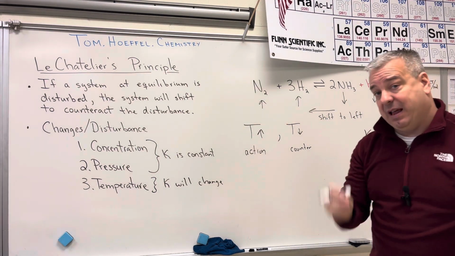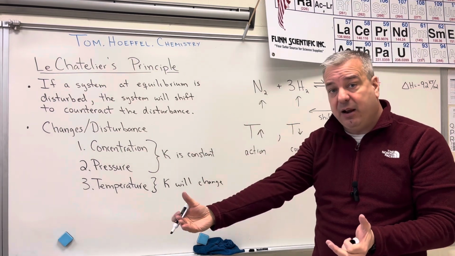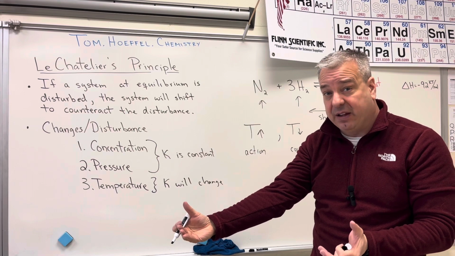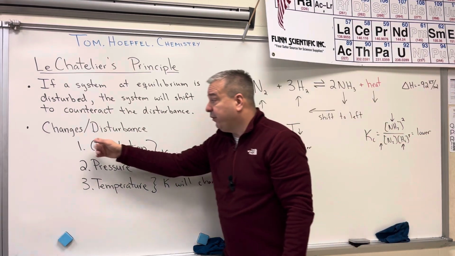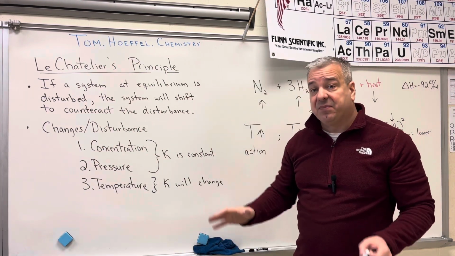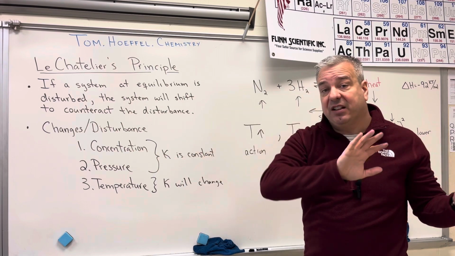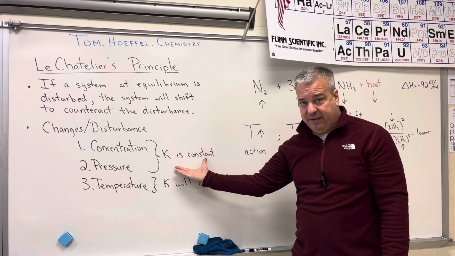So temperature changes will always lead to a change in the equilibrium constant's value when we have these shifts to the left or to the right. But with the first two in our video series, when you made those changes, the equation shifted to the left or to the right just so that it could get back to its K value.